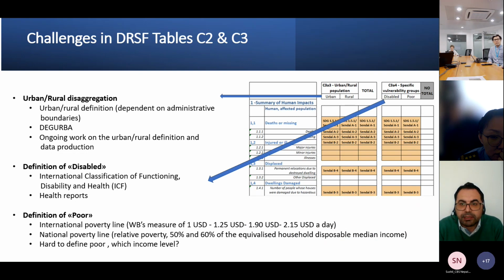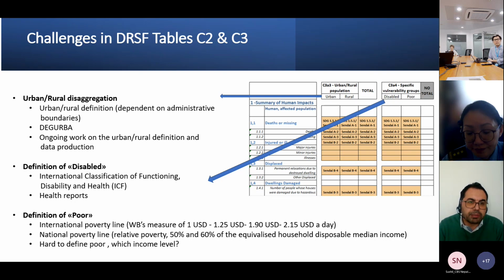Another challenge specific to Turkey is the urban-rural disaggregation in table C3. The urban-rural definition in Turkey depends on administrative boundaries.